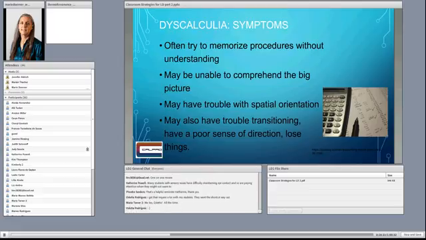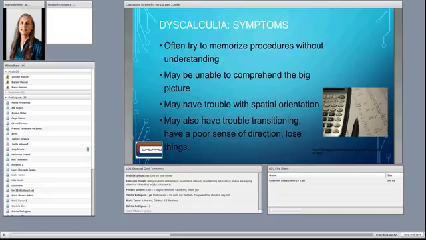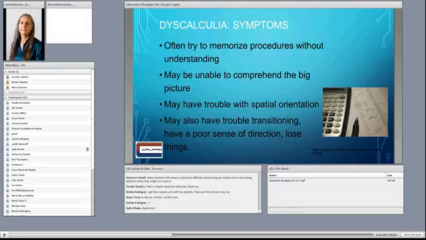where things are in space, and those folks have a lot of trouble with geometry. Dyscalculia is so interesting because we start math usually with arithmetic: add, subtract, multiply, and divide. Once we have that, we do fractions, decimals, percents, and then algebra.